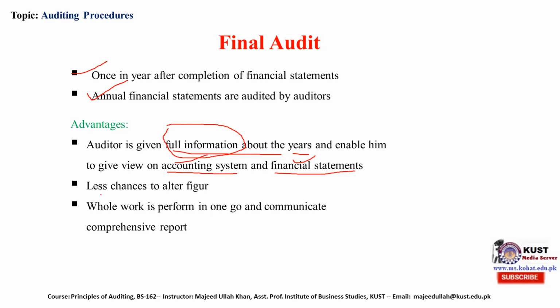Which we discussed in continuous audit, nobody has a chance to alter their figures because the audit is for the year which has already been closed. The whole work is performed in one go and a comprehensive report is communicated to the shareholders.